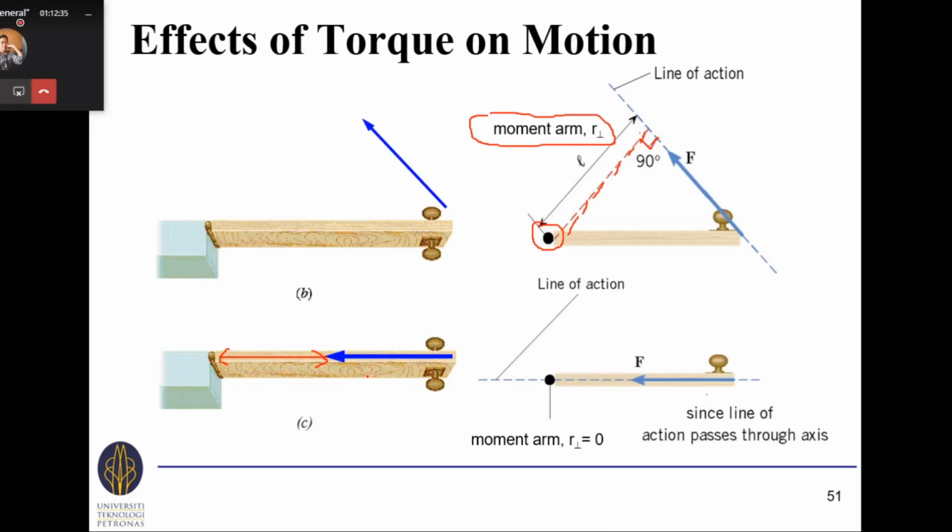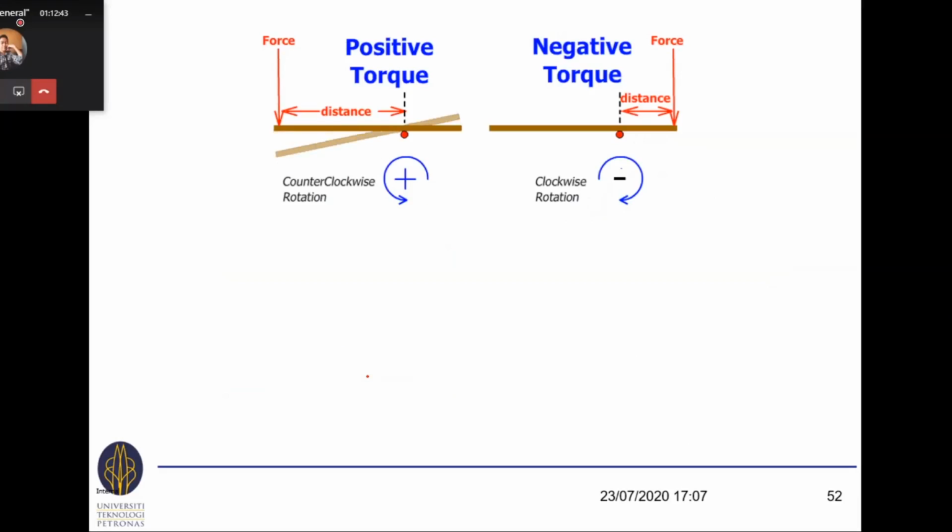Just want to show you the other name for the R: moment arm. This is also how you can see positive torque and negative torque. There are only two directions related to rotational motion.